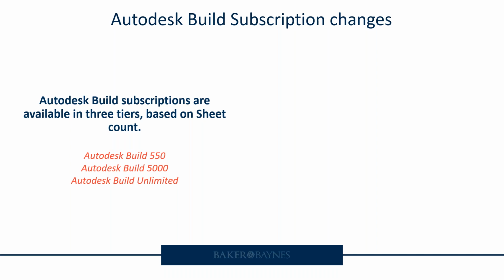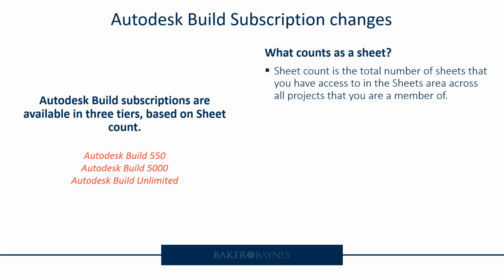Now, what do these mean? They refer to a sheet count. A sheet is similar to the plans that you had in a BIM 360 environment, or sheets from PlanGrid.